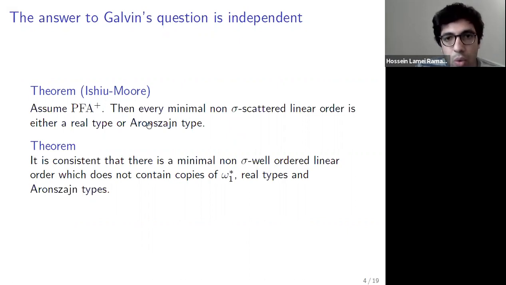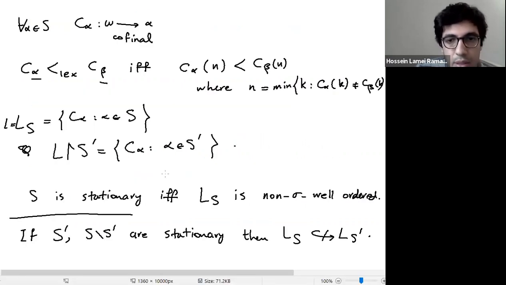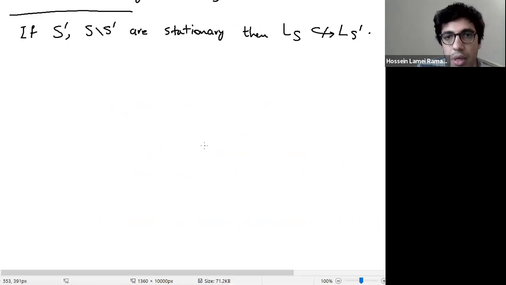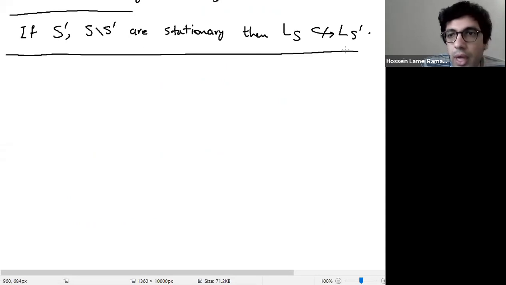Okay, why does this theorem prove that the answer to Galvin's question is consistently no? It is because of this fact, which is proved in the notes, but I'm not going to include the proof now.